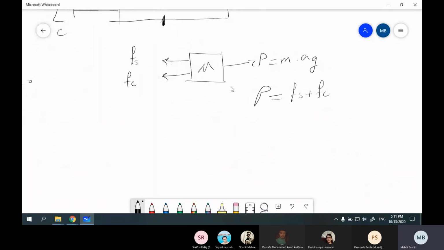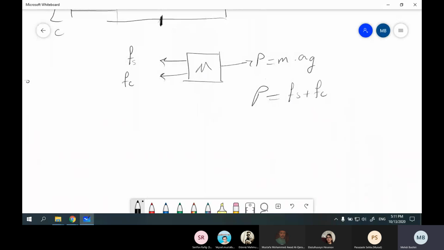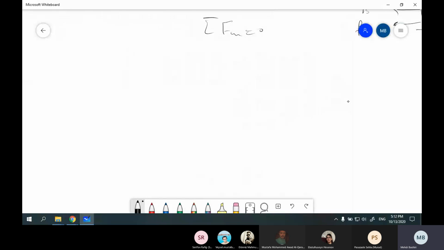Why should we use this equation? Because at first, we can predict. For example, you live in this area. For example, this is your city, whatever.